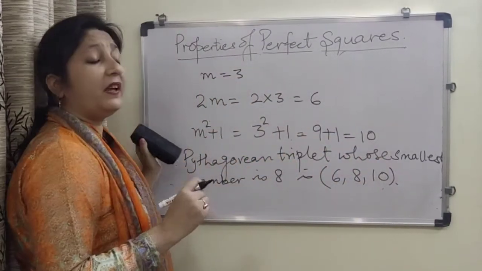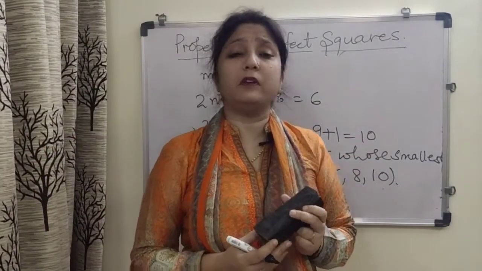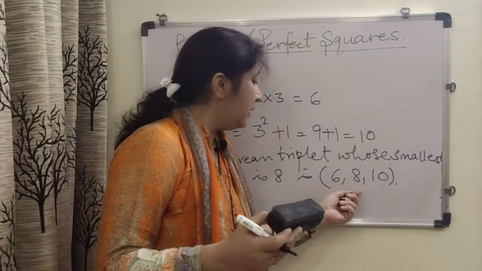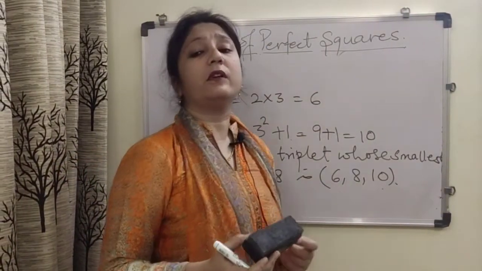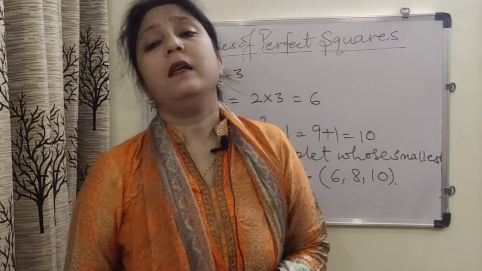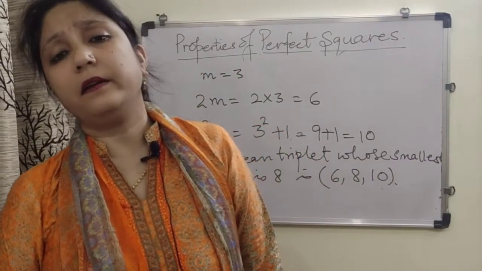So we cannot say 8 is the smallest number because we have got a number lesser than 8, that is 6. So the Pythagorean triplet is 6, 8 and 10.